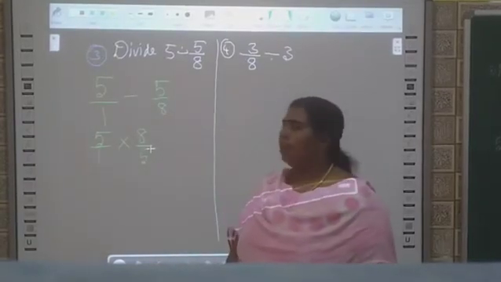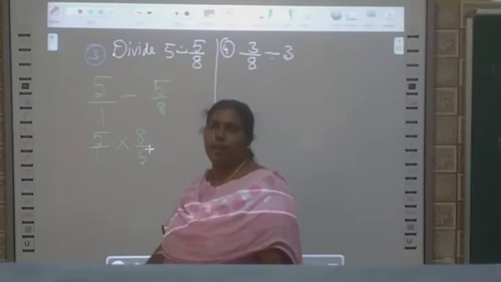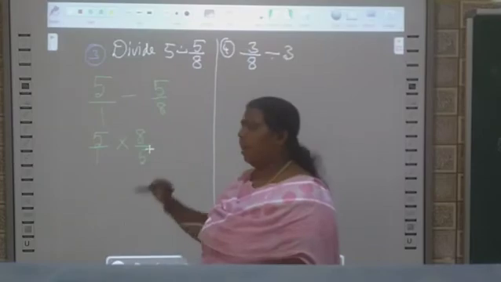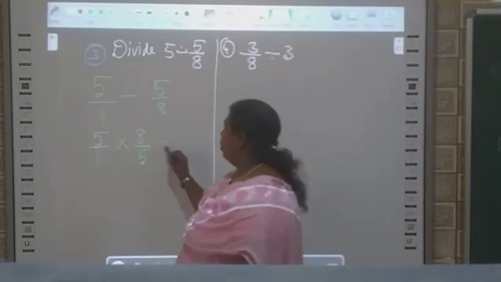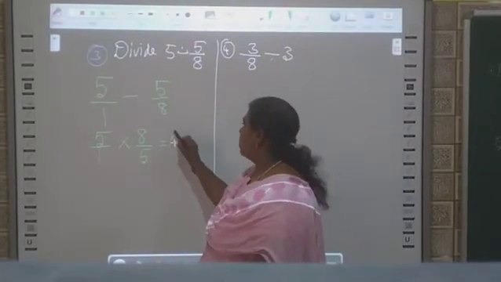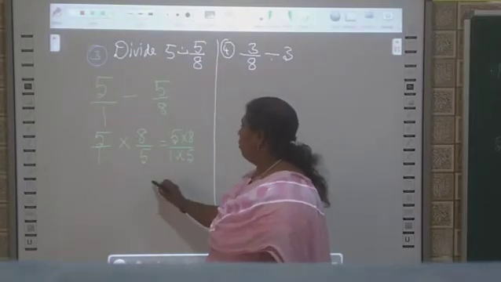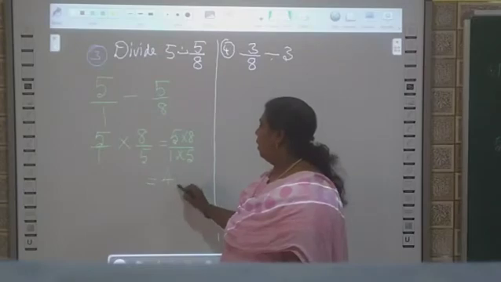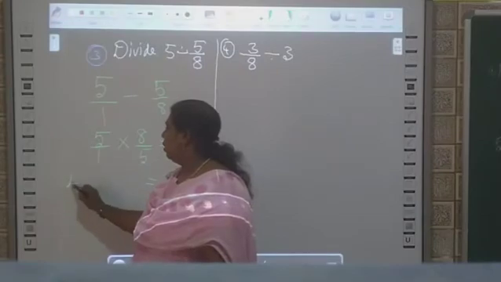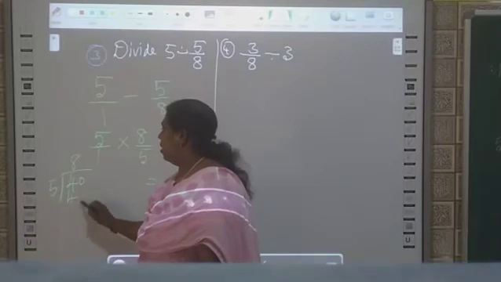Here itself you can reduce it, right? See here 5 also we can reduce. 5 how many times? Only 1 time, right? Here also 1 time. Finally we get the answer 8. Otherwise you can multiply. 5 times 8 is 40, divided by 1 times 5. 40 divided by 5, how many times? 8 times. 8 times 5 is 40.